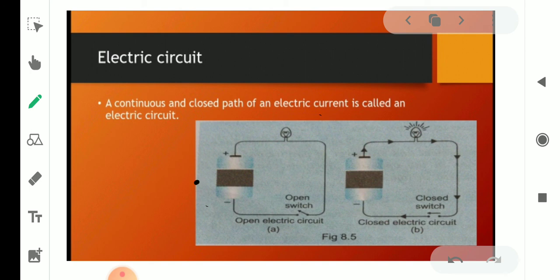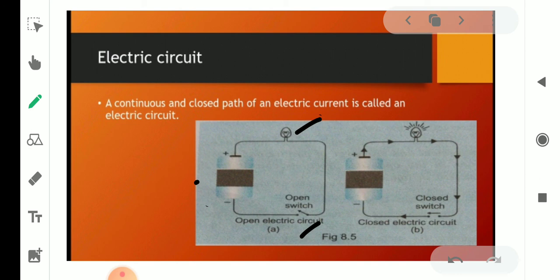Not only these three, there are other different components which are used like ammeter, voltmeter, galvanometer, resistor, variable resistance. Here the conducting wires are used. So these are all the different components of an electric circuit.